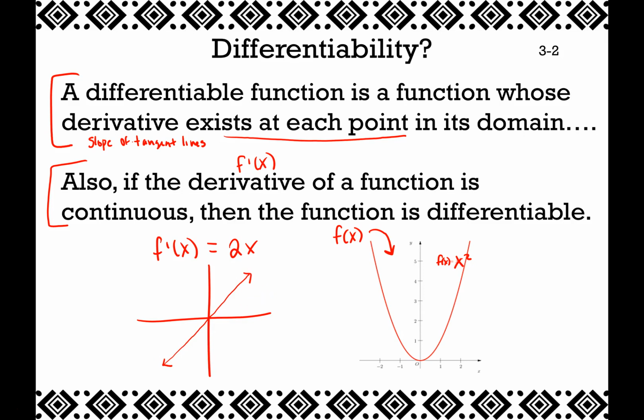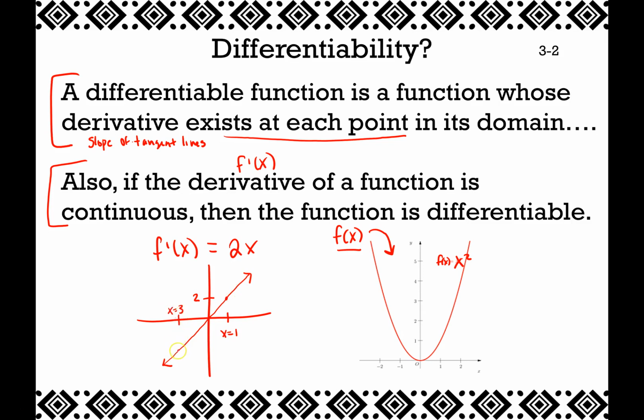So is this function right here, 2x, continuous? Yeah, it is. So we're saying that f of x, the function f of x, is differentiable. And why does this work? Well, this is essentially saying, hey, if x equals 1, my derivative is 2. In other words, the derivative exists at x equals 1. All right, so what about at x equals 3?